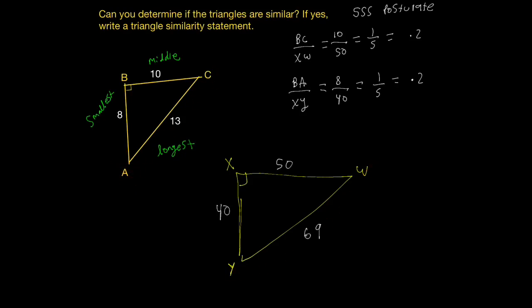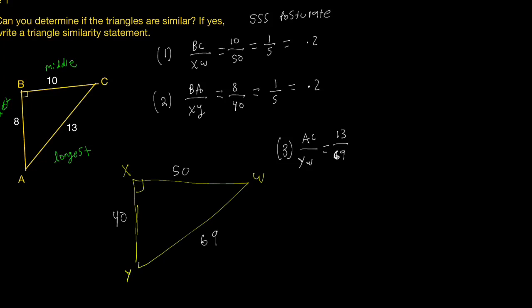AC corresponds to YW. So here, let me just number these ones. So 3 is going to be AC over YW, and AC has a value of 13, and YW has a value of 69. Now since 13 is a prime number, I know it's not going to have a common factor with 69.